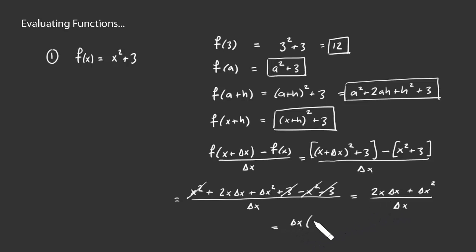So delta x times 2x to produce this term, plus delta x times what to produce this? Well, it looks like we need another delta x. And then all of that is over delta x. Again, if delta x is not 0, I can cancel those two things and simply get 2x plus delta x.